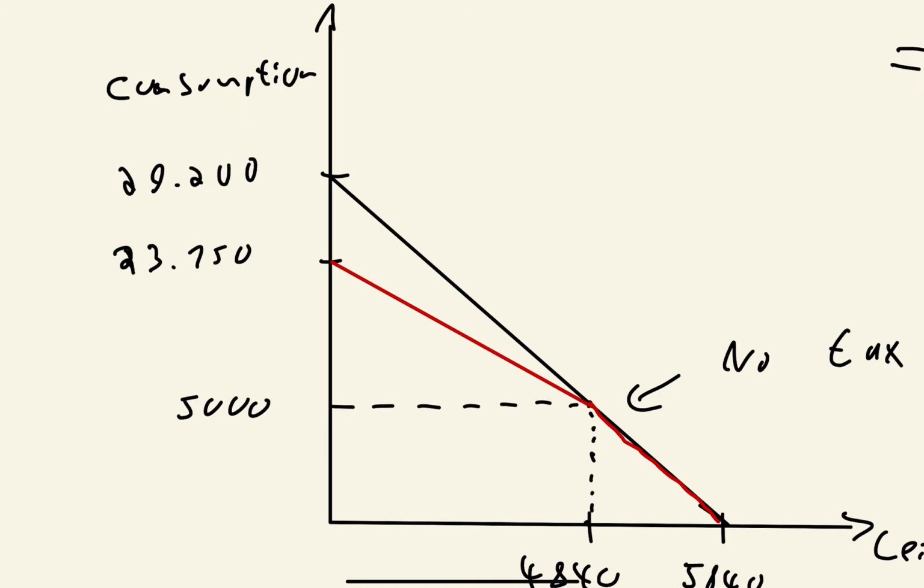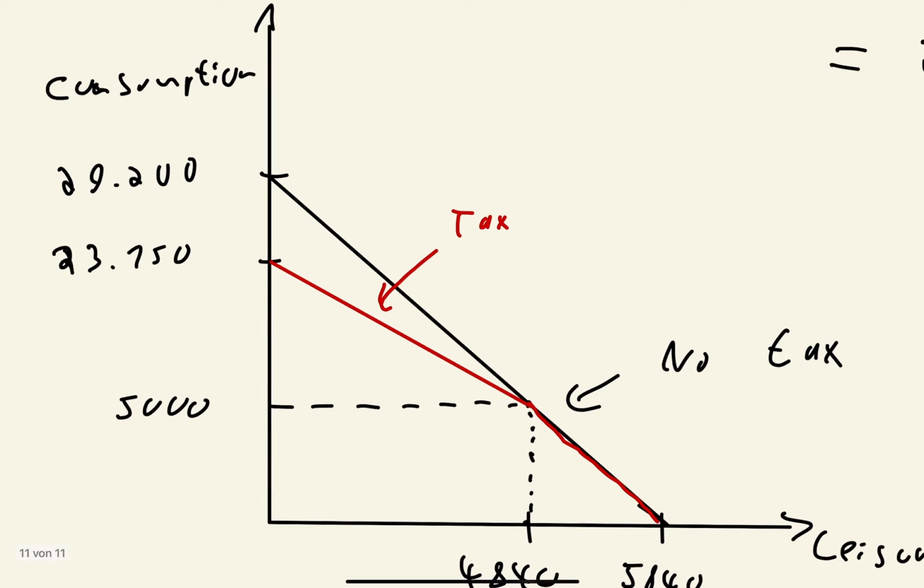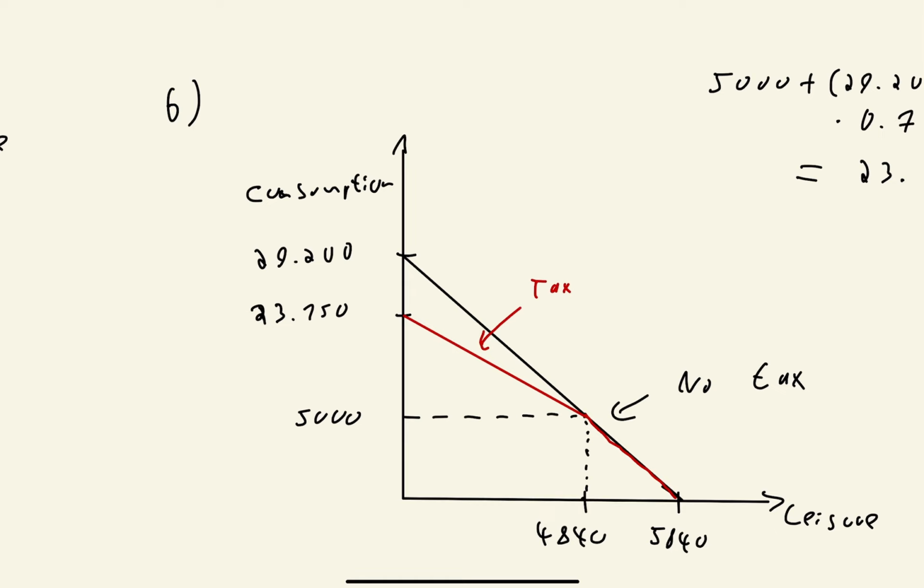This is the budget constraint, or the consumption-leisure trade-off opportunity set, which reflects the tax schedule where we are paying no tax until $5,000, which is here, and then up to the maximum amount of consumption that we can get, we pay 25%. As you can see, compared to the no tax situation, this budget constraint becomes flatter if we earn more than $5,000, because we have less opportunity cost of leisure due to the tax.